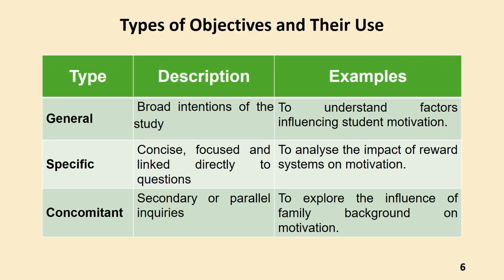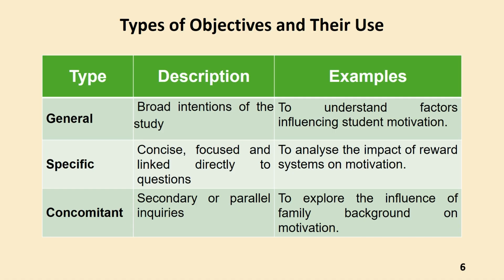So you can see here general objectives are having broad intentions of the study. Example, to understand factors influencing student motivation. You can see here that it's a general statement that we have taken as the objective, and we have to identify and investigate that what are the factors influencing student motivation.